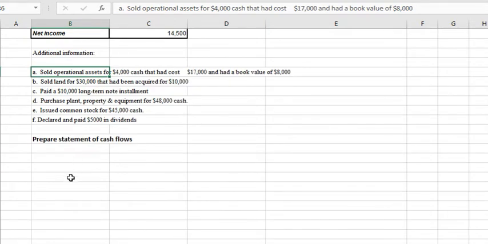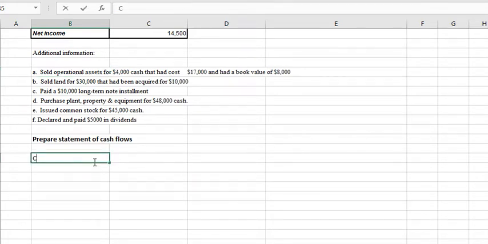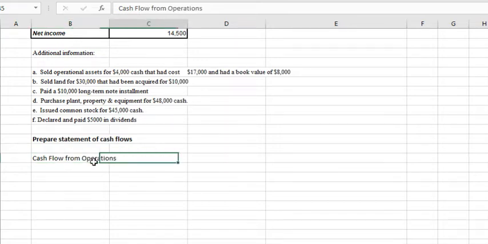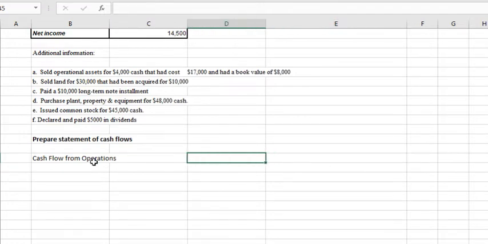So the statement of cash flow is typically going to have three pieces. One is cash flow from operations. We are going to have cash flow from investing.